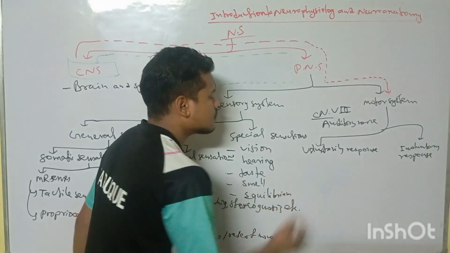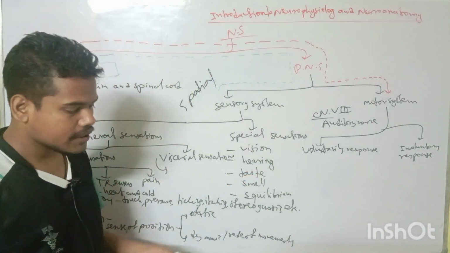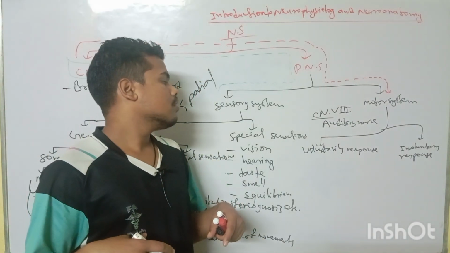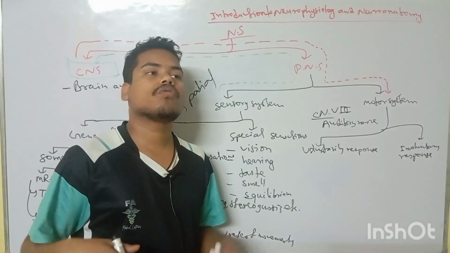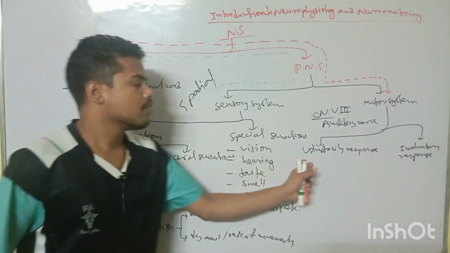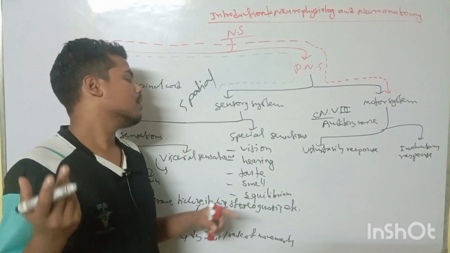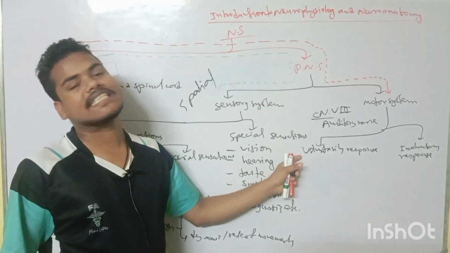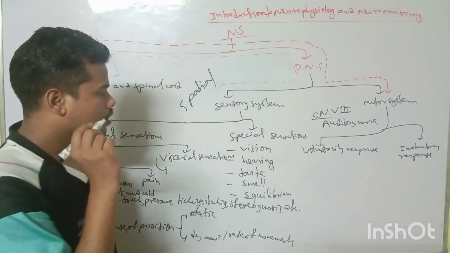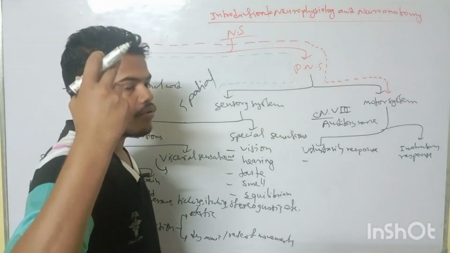Okay, let's understand it. Voluntary responses are those which are under our control, or which we can willingly regulate or control. This type of movement is called the voluntary response. Like, I have to write some word here. How does it occur?